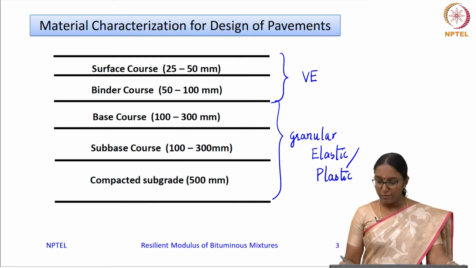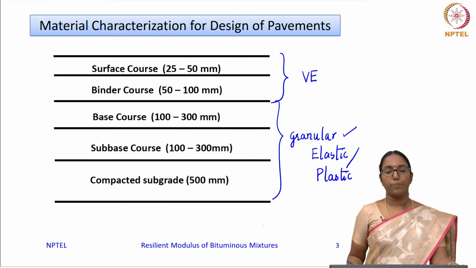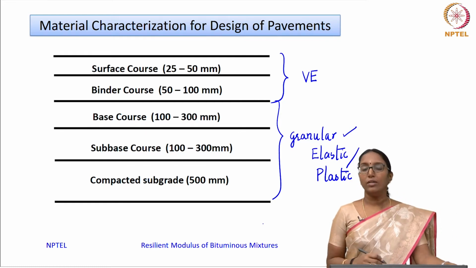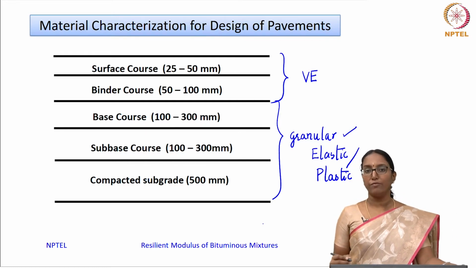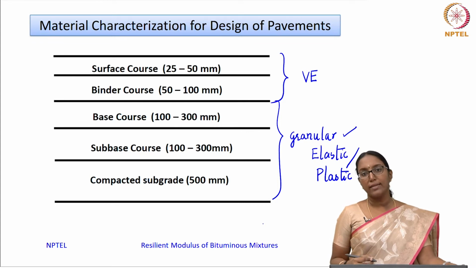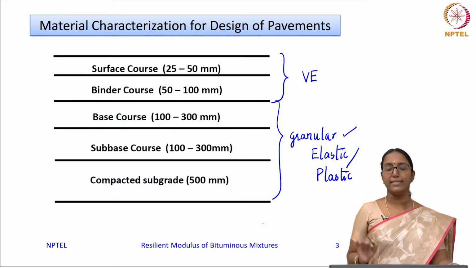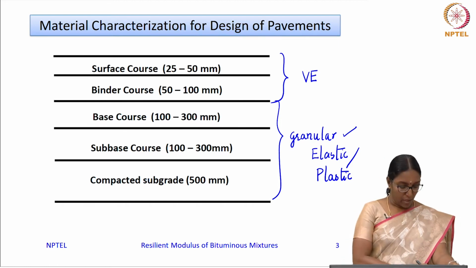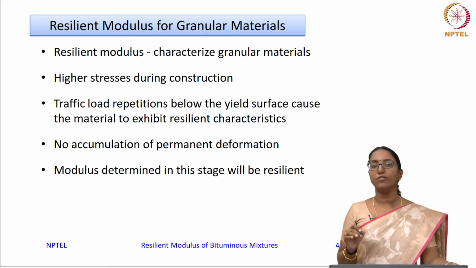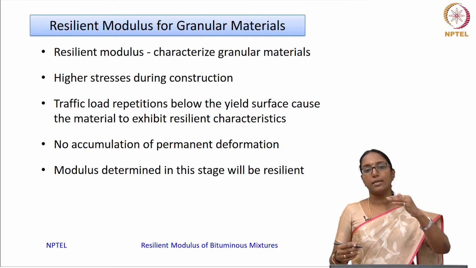Okay, let us first discuss granular materials. The modulus value for granular materials is more or less straightforward, because the understanding about granular materials is, to some extent, well established. Especially in the case of a pavement structure, the granular layers come at the bottom.